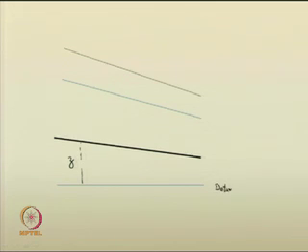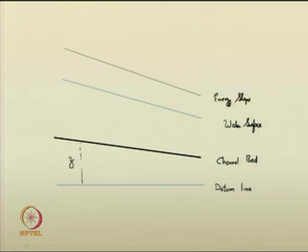First, let the bottom line be the datum line, and this thick line let me suggest you as the channel bed line, and the next line is the water surface line, and the above one is the energy slope line.